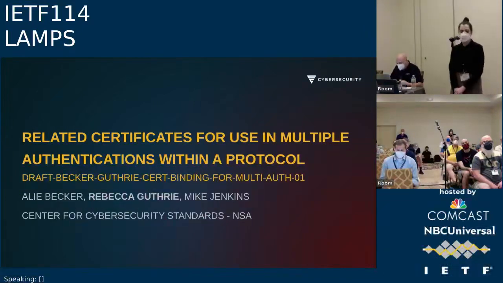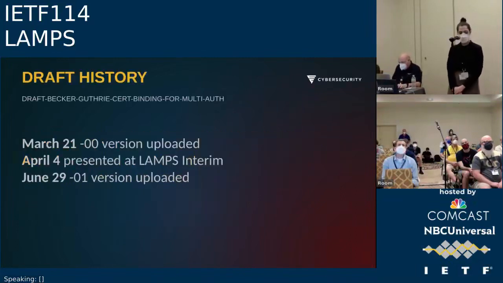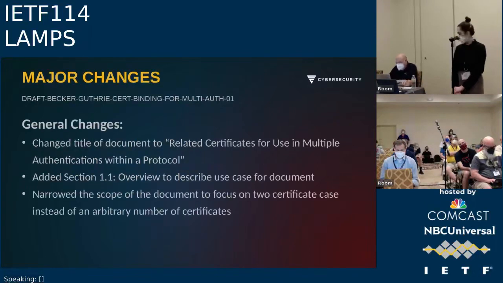Okay, so I'm just going to give a hopefully brief update on the changes we've made since the previous version of this draft. Next slide. So we uploaded the first version in March. We presented on it at the LAMPS interim in April, and we uploaded a new version in June based on the comments we received at the interim and on the mailing list. So some general changes. We changed the title of the document, and we added a section which just gives an overview of the intended use case for this document.